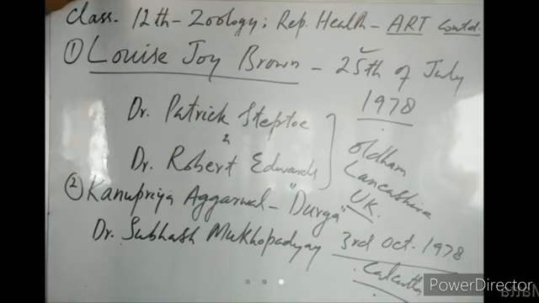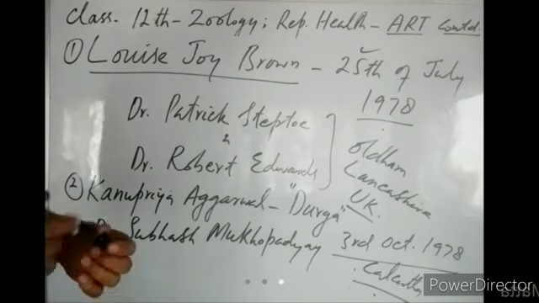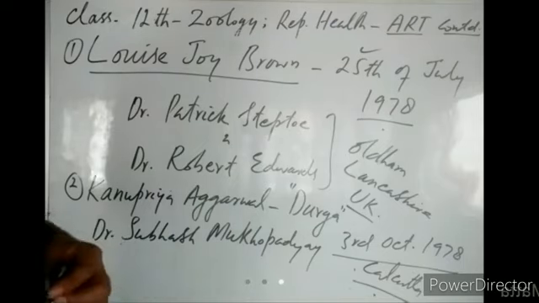Then the government of India set up an investigation committee, and after verifying the documents in Dr. Subhash Mukhopadhyay's laboratory, and after verifying his equipment, they came to the conclusion that his claim was exactly correct, right?